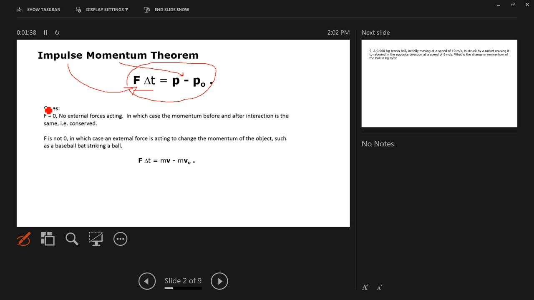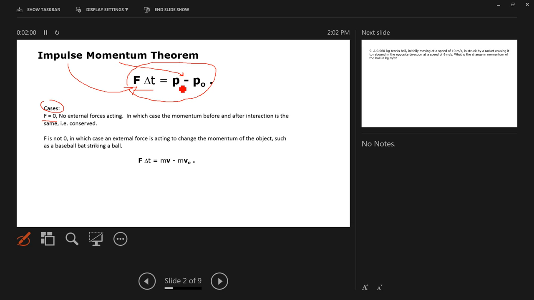Now, there are a couple of cases that we can look at here. First case is, what if there's no external force? What if F equals 0? If F equals 0, then the left-hand side is 0, so it just says that the momentum P equals the original momentum P0.